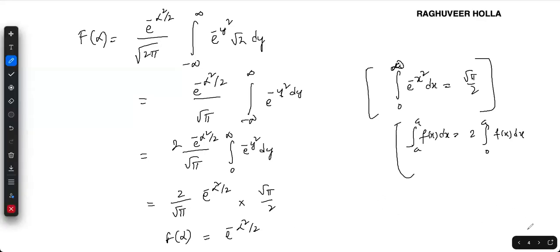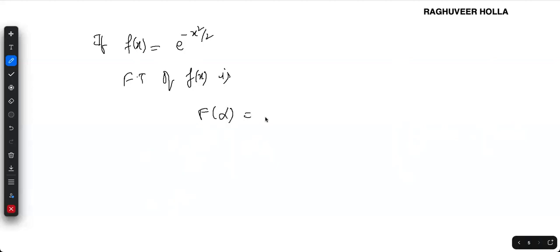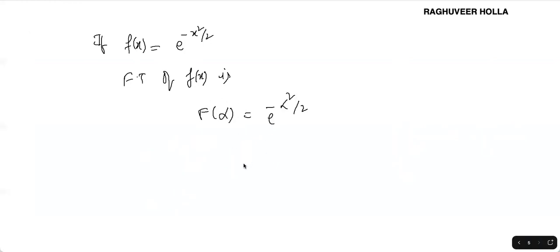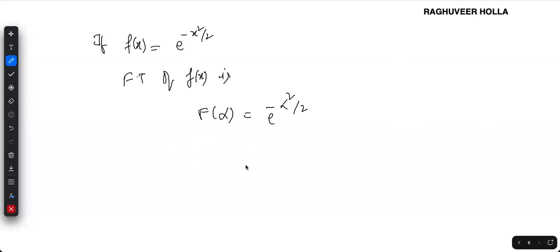I want to conclude by saying that if f of x is e to the power of minus x square by 2, and the Fourier transform of f of x, that is f of alpha, is e to the power of minus alpha square by 2, so it is self-reciprocal.